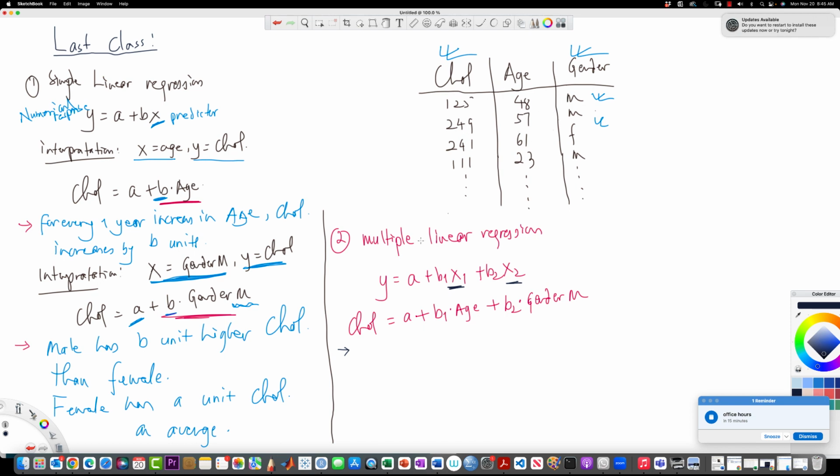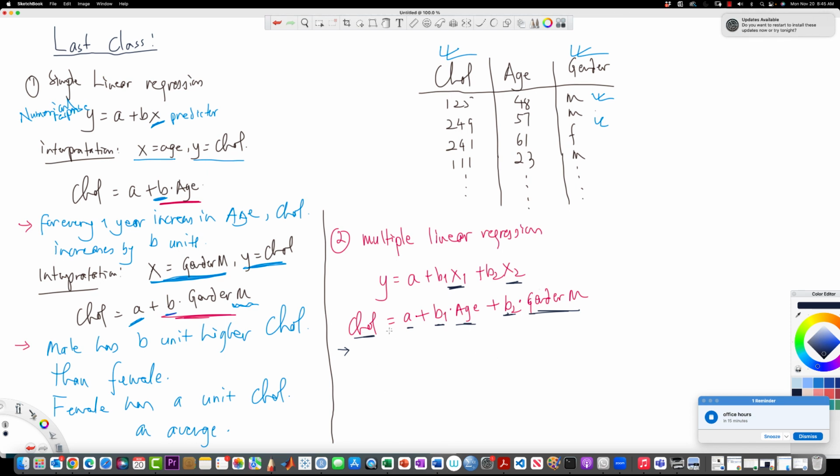The equation is cholesterol equals a plus b1 times age plus b2 times gender. Age is numerical and gender is categorical. Gender m is the output you will see in R when you type the summary of the model.